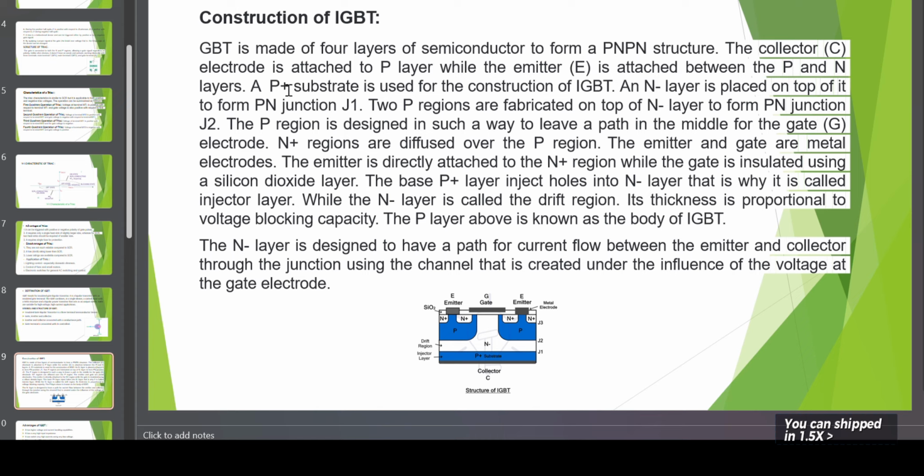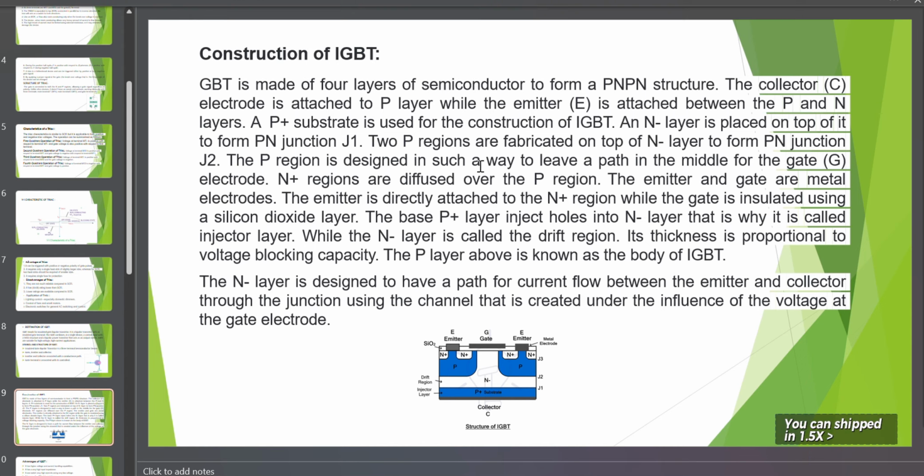A P plus substrate is used for construction of IGBT, and N minus layer is placed on top of it to form PN junction J1. Two P regions are fabricated on top of N layer to form PN junctions J2. The P region is such a way to leave a path in the middle for the gate G electrode.